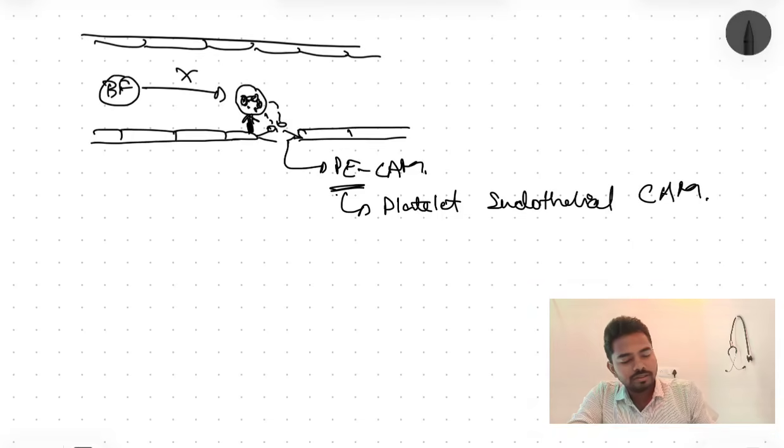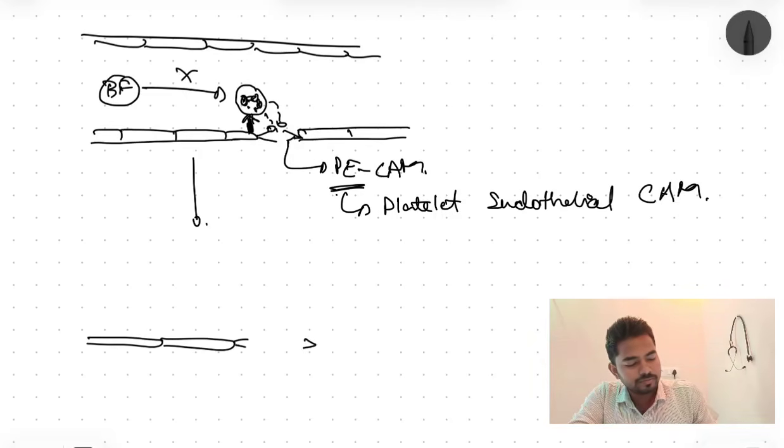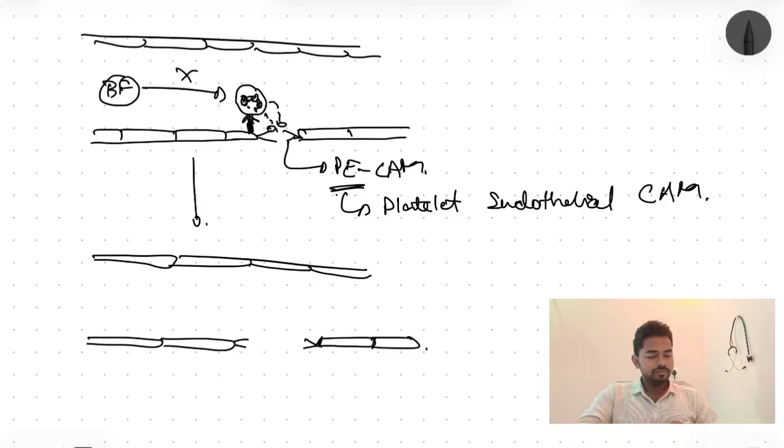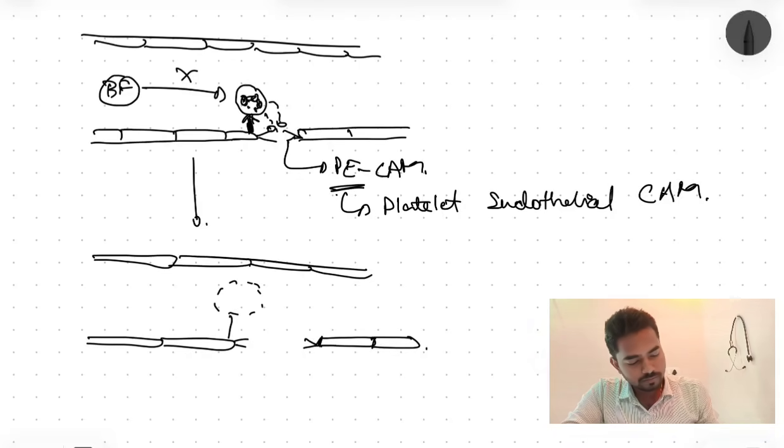So if this is endothelium and here there is PECAM, previously the neutrophil was here.